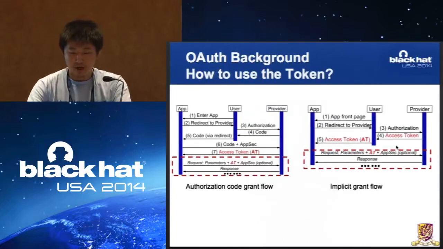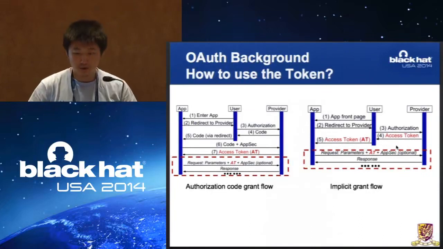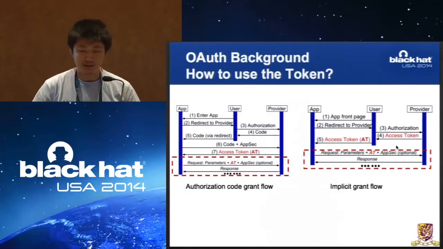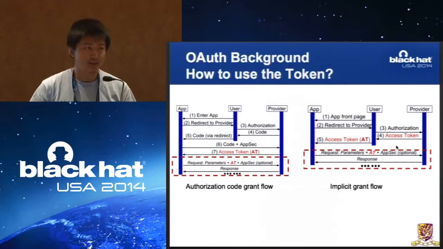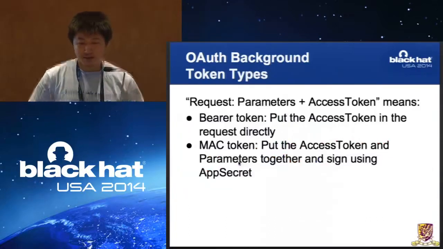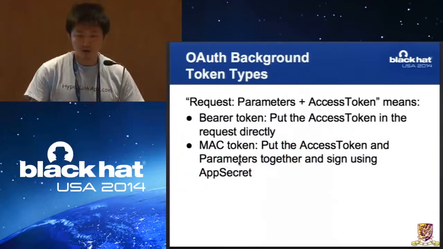Okay, so regardless of which flow you use, in the end of the OAuth flow, you will get an access token. And here is the question, how to use the access token, right? Here we only denote by parameters plus access token, but this plus sign means something else. So basically, there are two types of token.